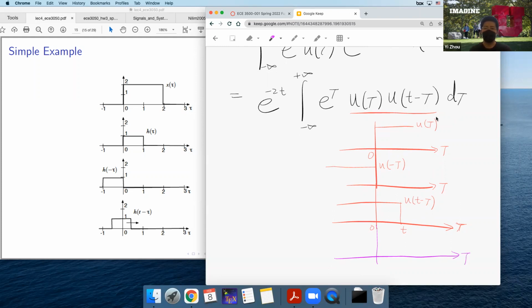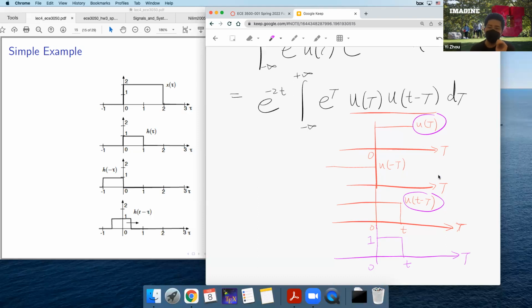But once you take the product between these two, you can see that one is open to the right, and this one is open to the left. So when you take the product, that gives us a window function between 0 and t. Because their magnitudes are both 1, the magnitude remains 1. And this is a standard window function between 0 and t.